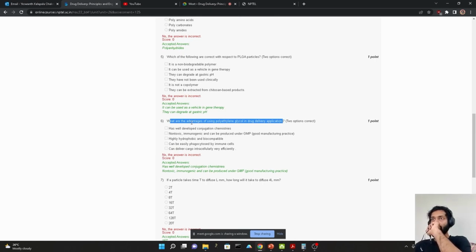Yes, sir. It has well developed conjugation chemistries, non-toxic. Yeah, it should be non-immunogenic. I guess that's a typo. Yeah, so I got it wrong because I thought it was the wrong option.